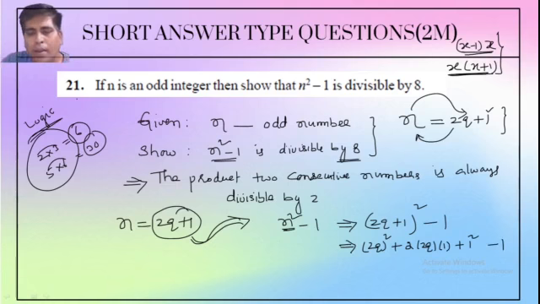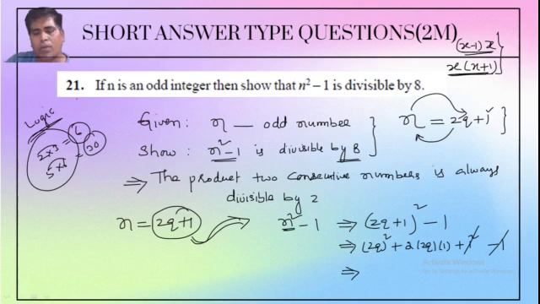If we expand 2q plus 1 whole square, we will get 3 terms: first term square, plus 2 into first term into second term, plus second term square. Here clearly 1 square and minus 1 get cancelled. Why? 1 square value is 1, and 1 minus 1 cancels.